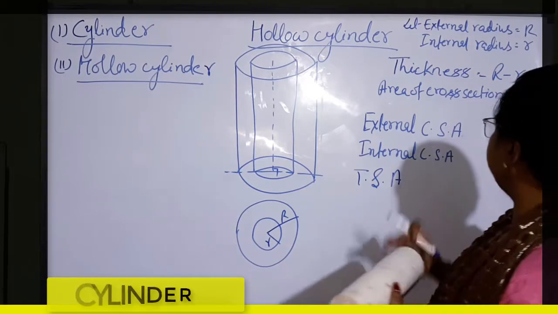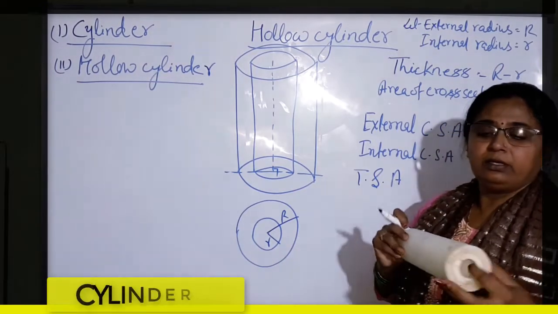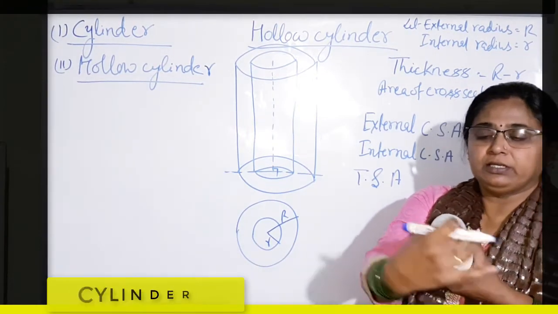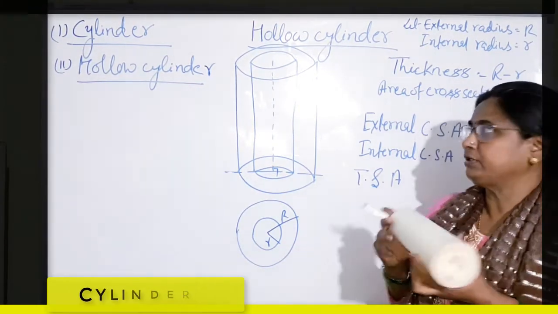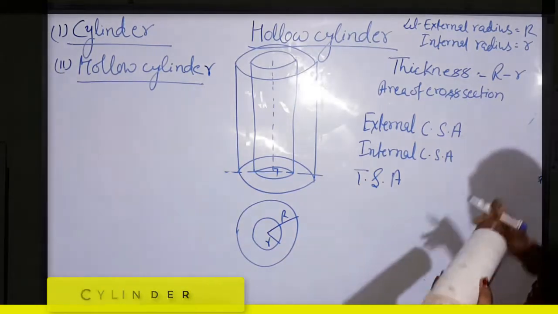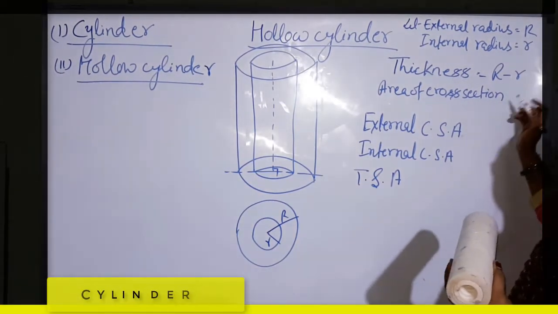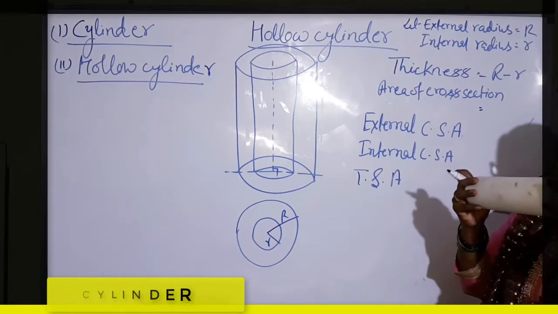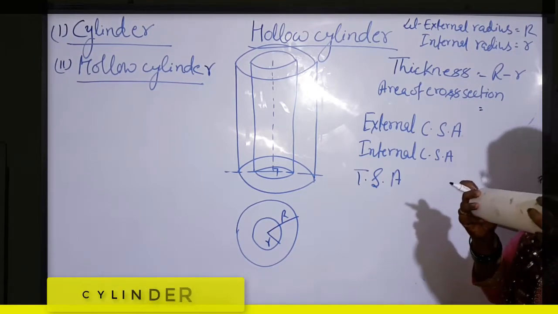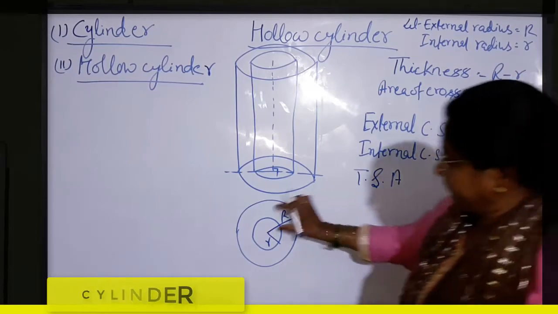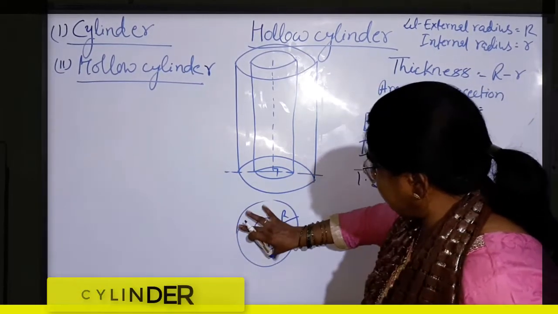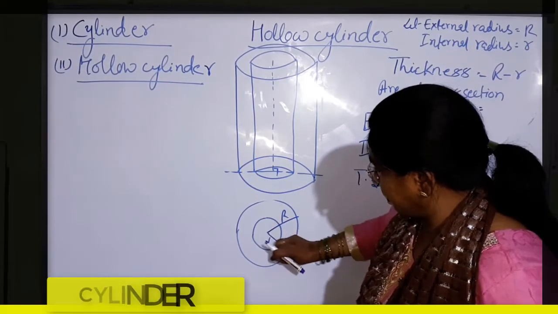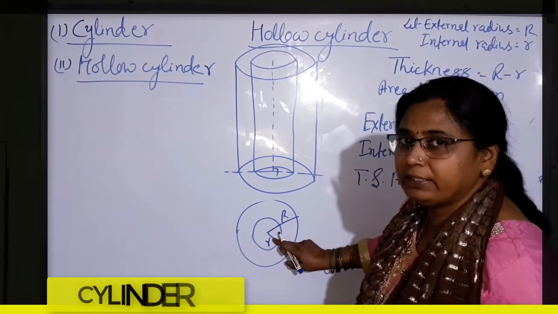Now, area of cross section. Area of cross section means this portion's area. This is the cross sectional portion area. The whole area is pi R square and this inner portion area is pi small r square.